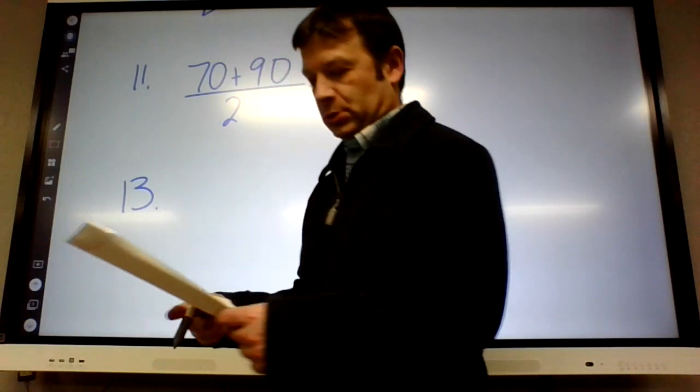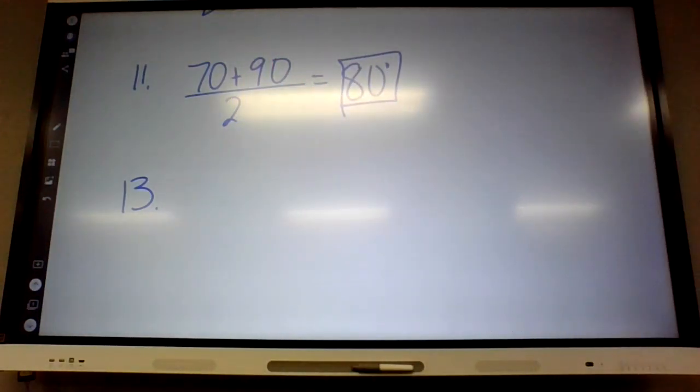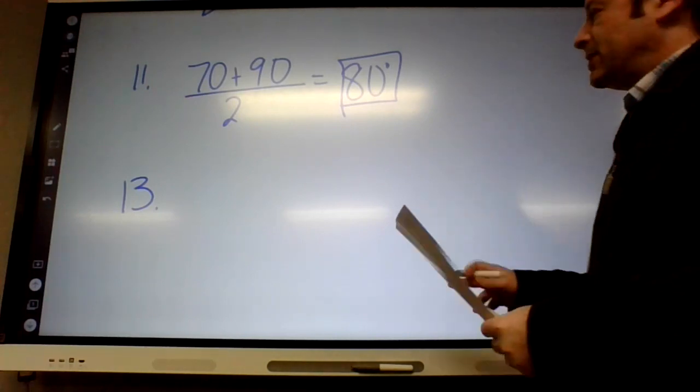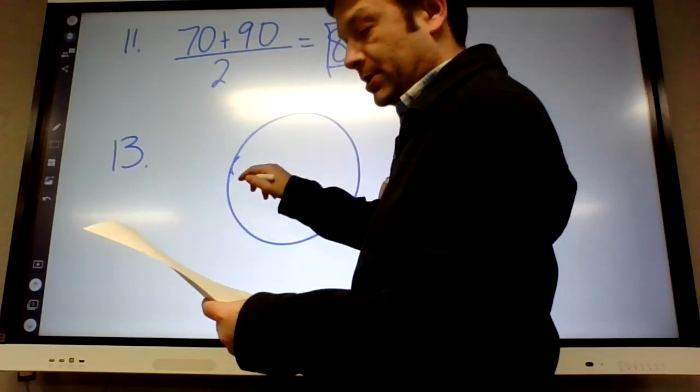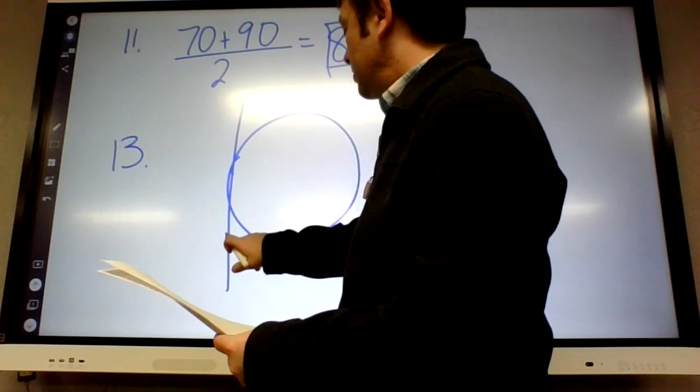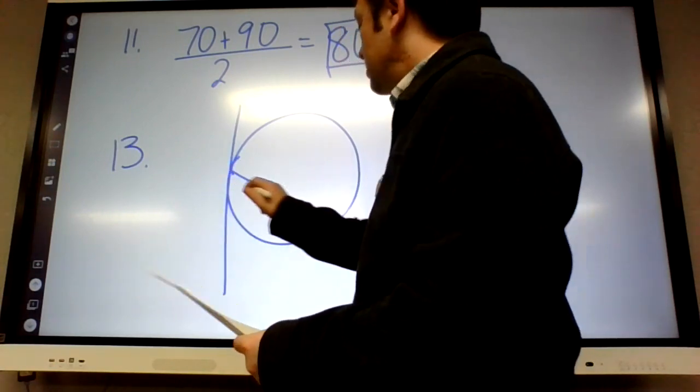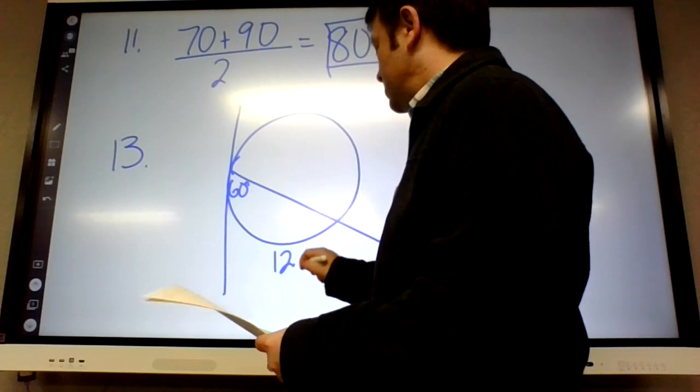Number 13. All right, Eli. So this time, it's kind of like number 1 from a couple pages ago, but this time we know the angle, and we gotta do the arc. So if angle BCD is 60, what does that arc on the bottom have to be? 120. Yes, 120 he said. So if this is 60, this is 120.